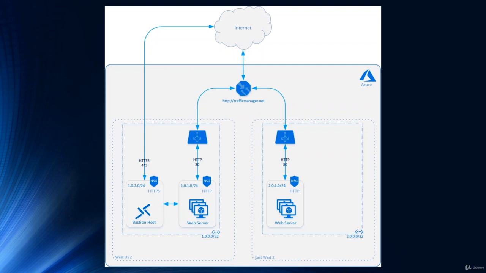So, we'll start to build a simple VM, then we'll make the deployment multi-region, we'll build Traffic Manager, and then in the final section, or final lesson even, we'll deploy the Azure Bastion service and then look at how we can integrate that.